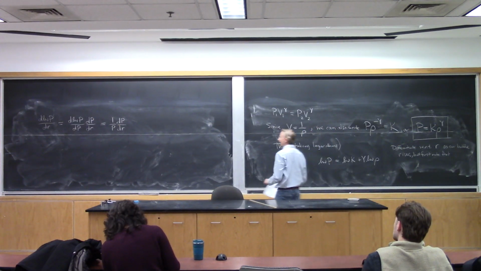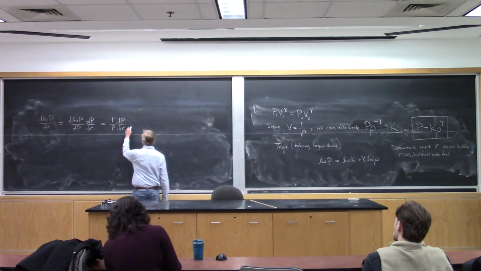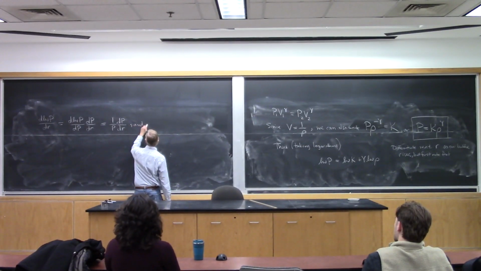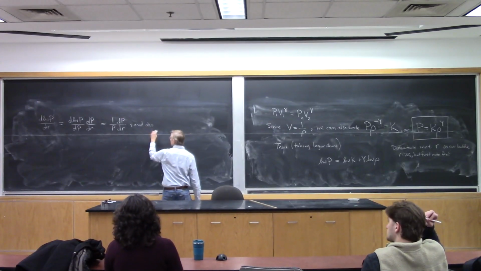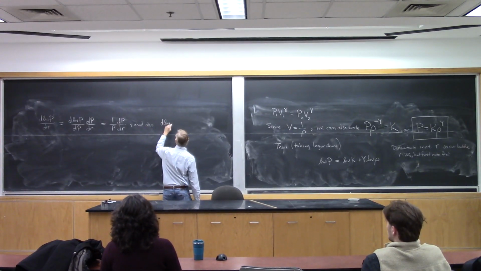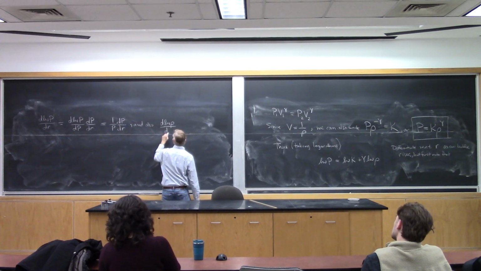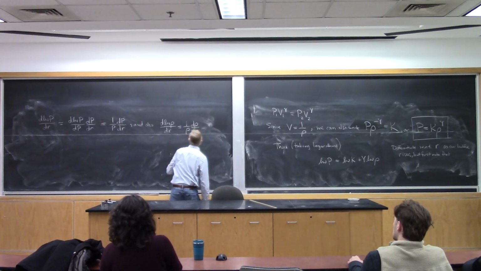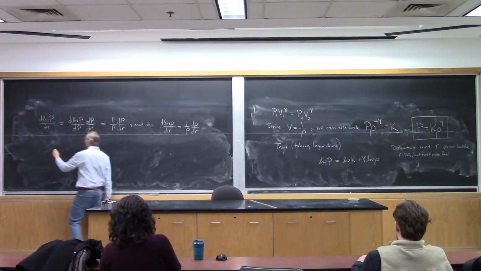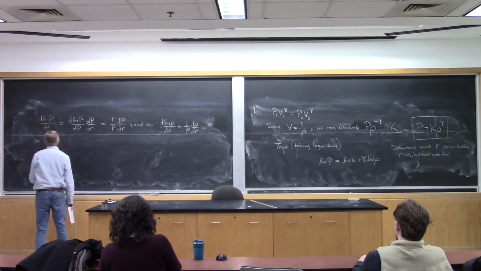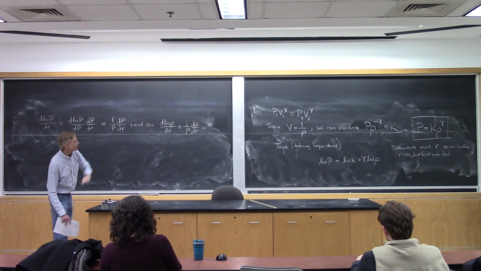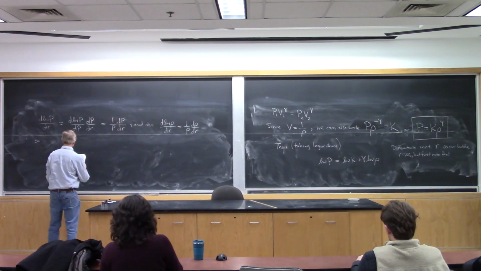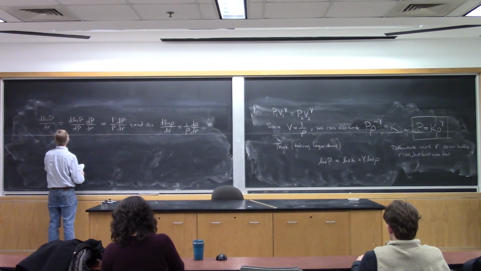But first note that, by the same logic, d log rho dr is going to be 1 over rho d rho dr. So our derivative of both sides with respect to r says 1 over p dp dr for our bubble.